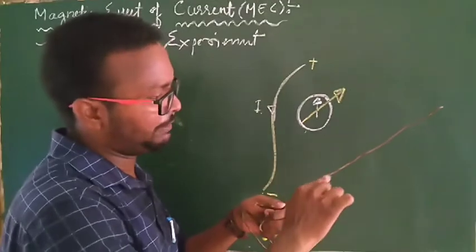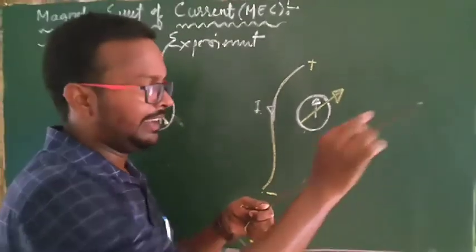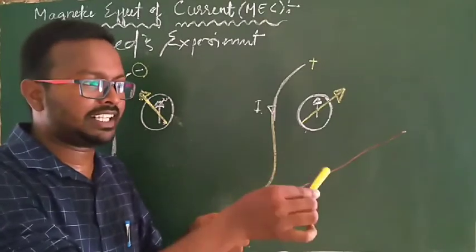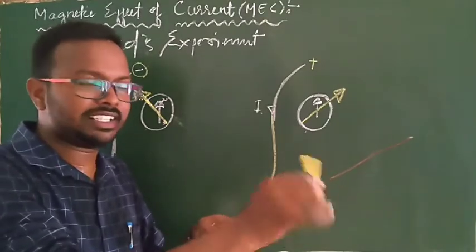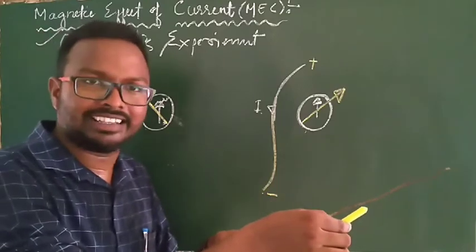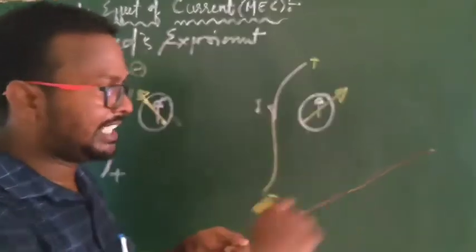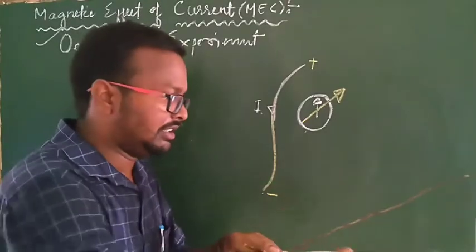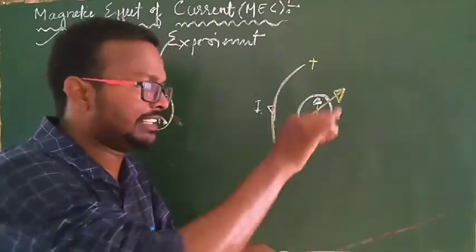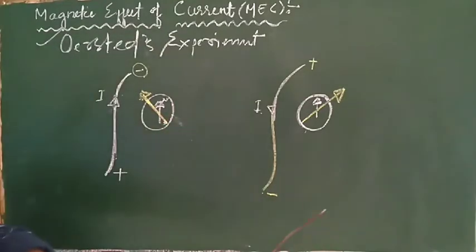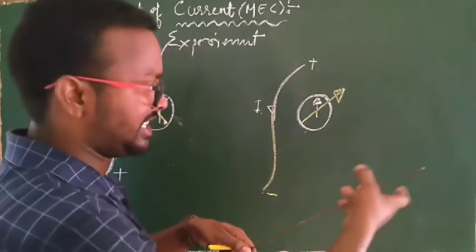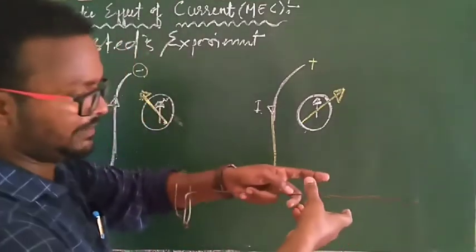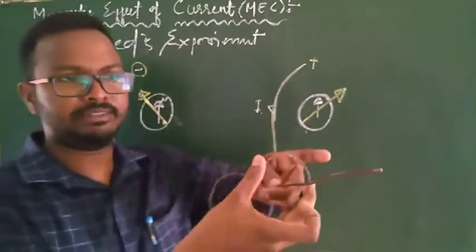If this is the direction of flow of current and we take a magnetic needle here, then the magnetic needle deflects due to magnetic effect, and the magnetic field around the current carrying wire is in this way. This is the direction of magnetic field around a current carrying wire. Clear?